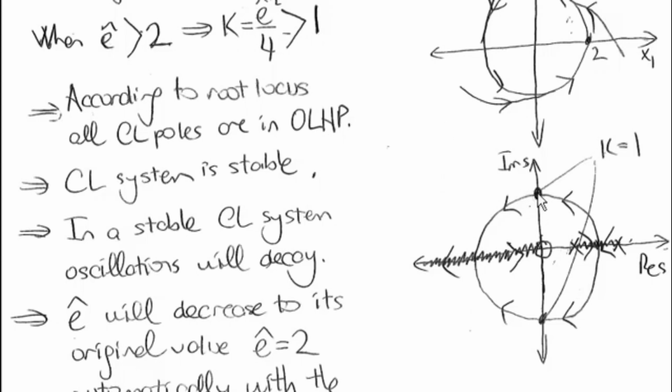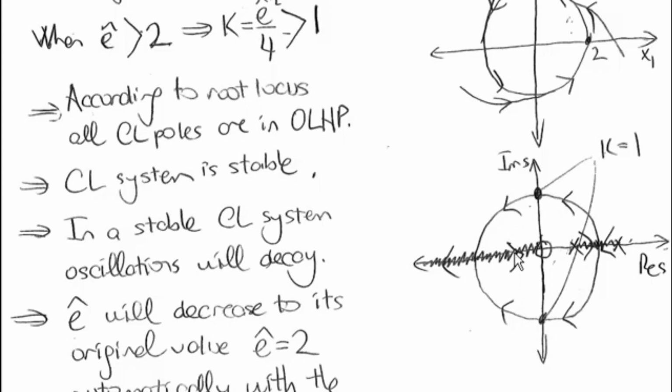When k is larger than 1, I know that the closed loop poles are going to go to the left of the imaginary axis. So in that case, I see that the closed loop system becomes stable. But we know that if I have a closed loop system which is stable, the oscillations in it are actually going to decay. So in that case, if the system is stable, I will have complex poles here in the open left half plane with negative real parts.